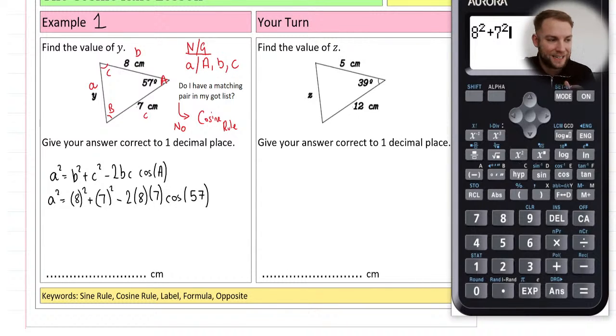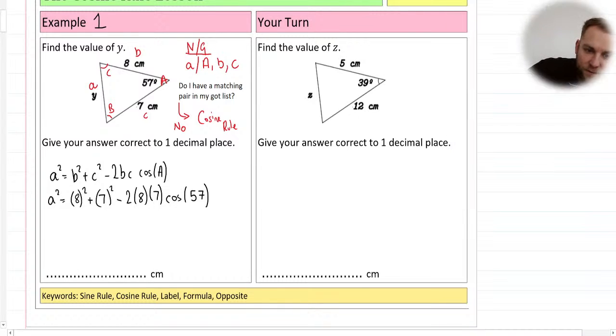If these were negative, I would definitely need to use the mini bracket, but they're not. Minus 2 times 8, close bracket, times 7, close bracket, cos of 57. There, like so. So I've typed all that in, press equals on that. That gives me 52. Now take note, I haven't finished there.